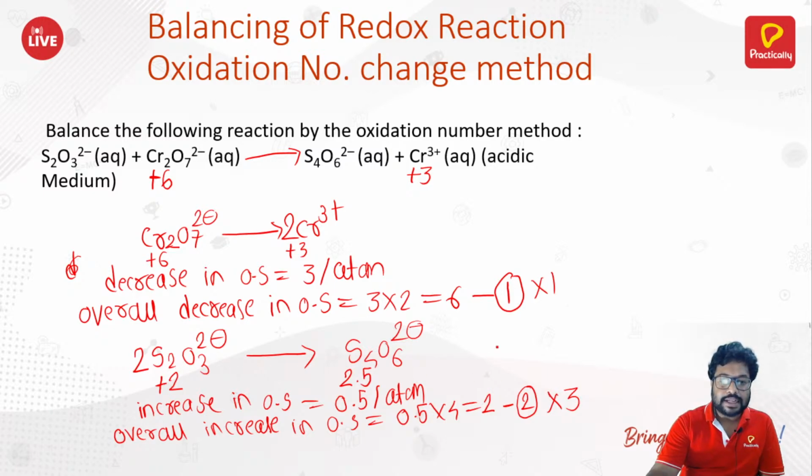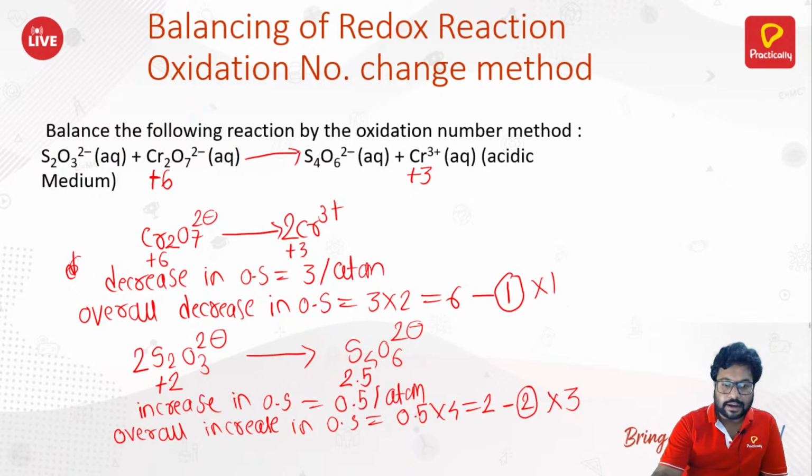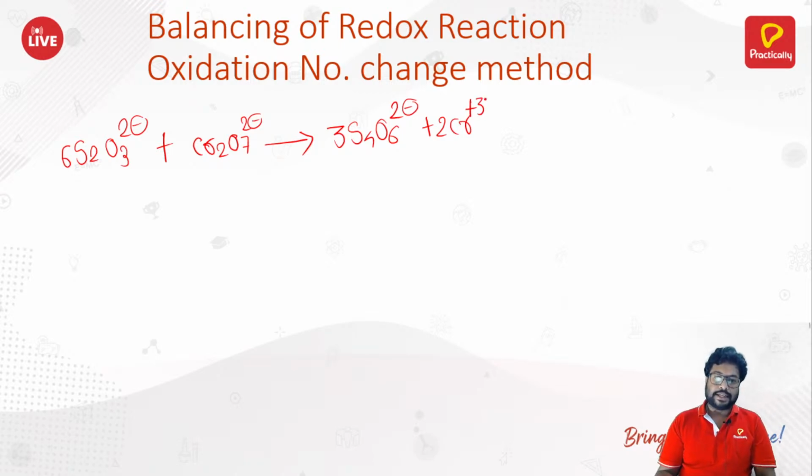That means you will have how much? 3 into 2, 6. 6 S2O3 2- is giving us 3 S4O6 2- plus 2 Cr 3+. That is how you can balance this now.